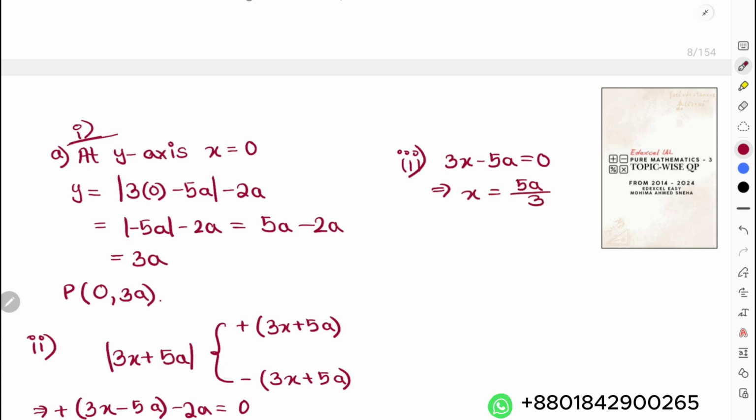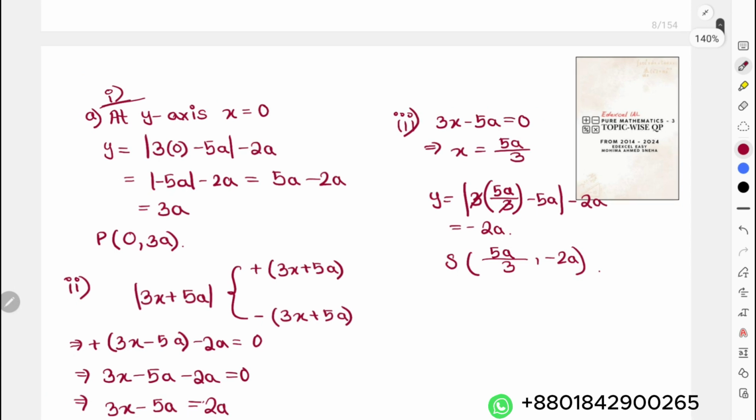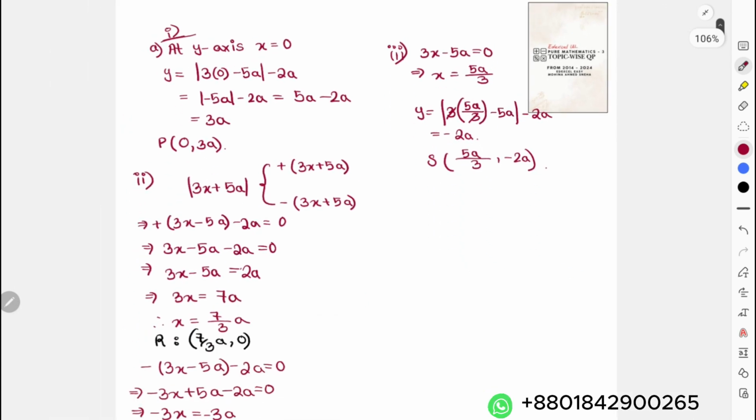If the value for x is 5a over 3, then y is going to be 3 times 5a by 3 minus 5a absolute function minus 2a. We can clearly see this 3 and 3 cancels out, 5a will be 0, so you get minus 2a for this. So for S, the coordinate is going to be 5a over 3, minus 2a again, right? So this is your solution for the S coordinate again.